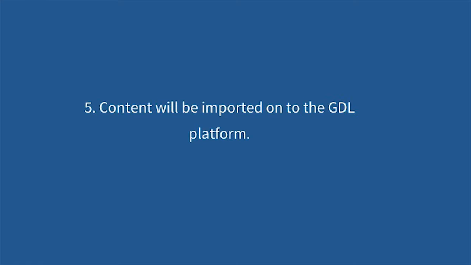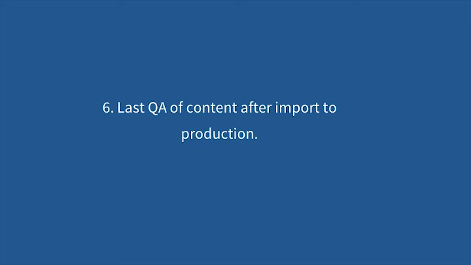And then after this, and only after this, the content will be imported to the platform and published on the GDL for public use. And after that, we'll even then do another quality assurance run with our collaborating partner to be sure that what is actually live holds the same quality as the one we checked on staging.